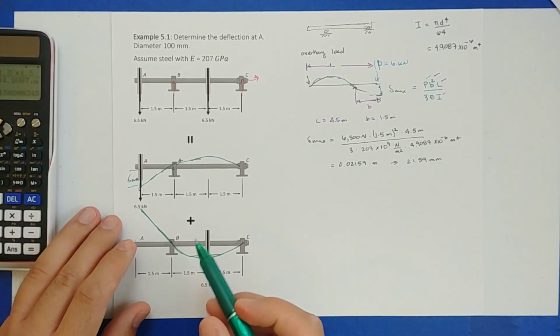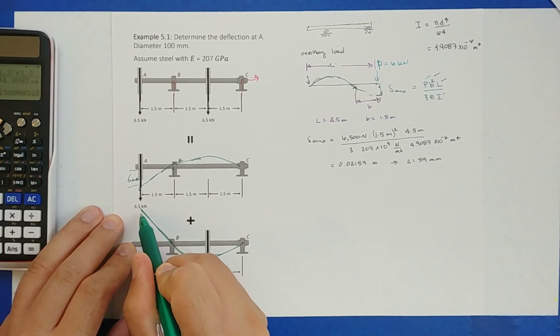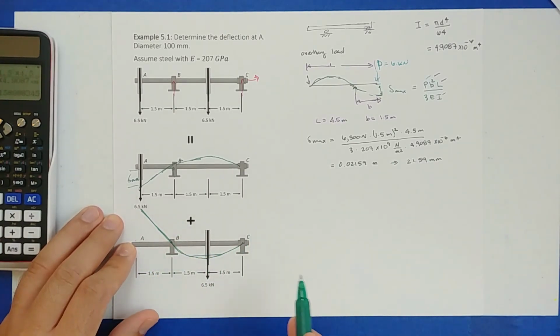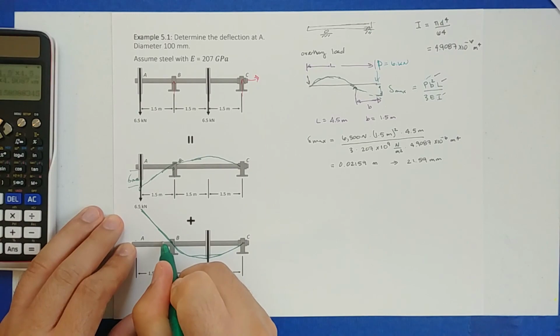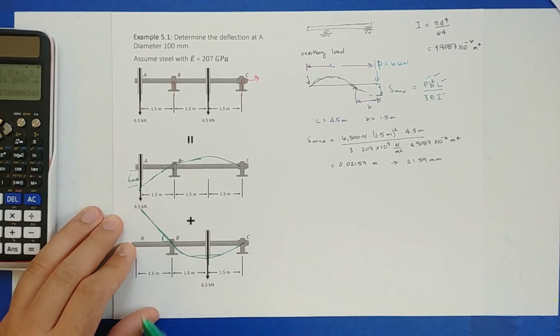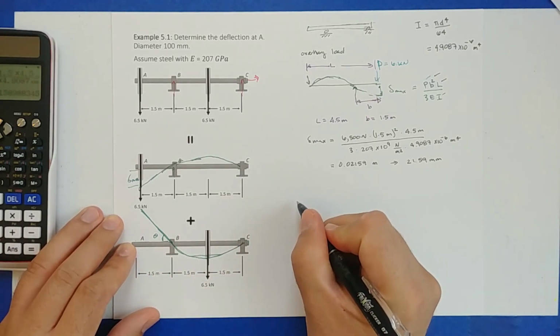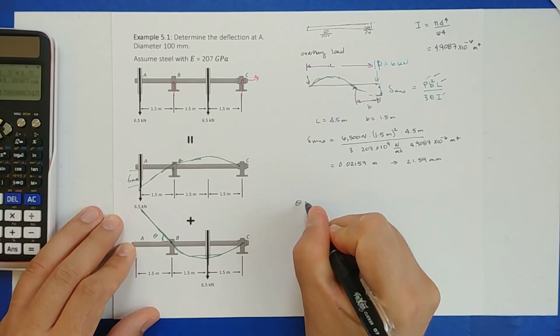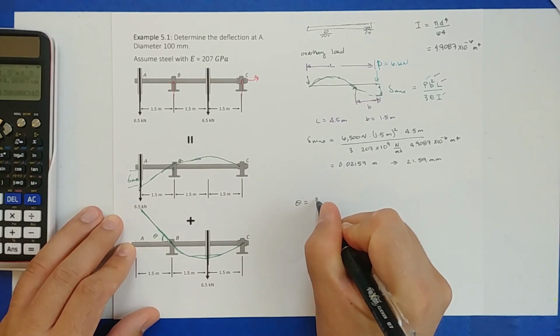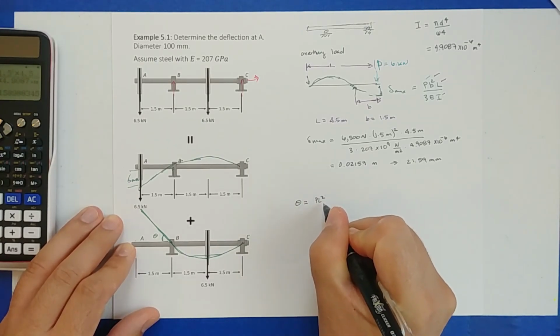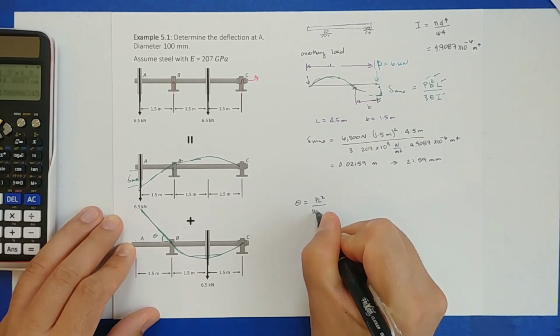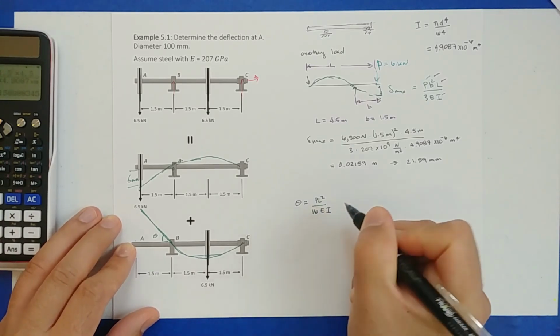But anyways, I'm exaggerating the deflection. So instead, we're going to use the equation for the slope at the ends, theta. Slope at the end, theta, is equal to PL squared by 16 EI.